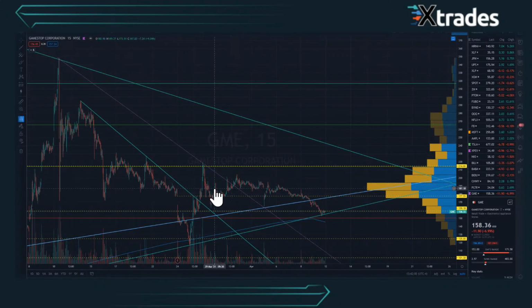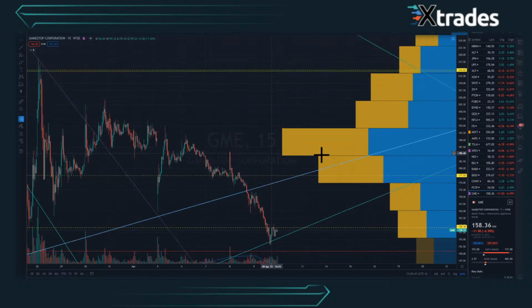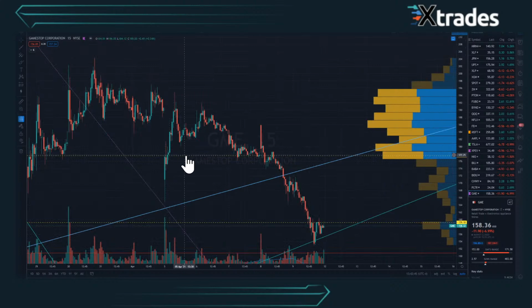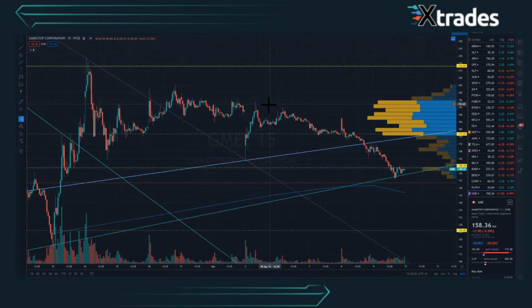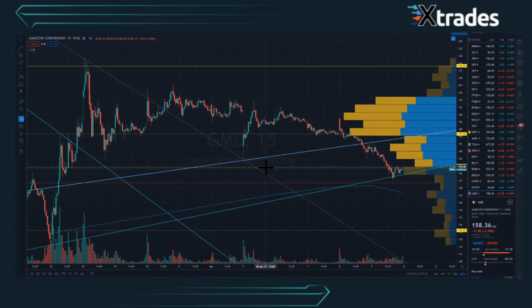He took his spread around the end of the day on GME, right? So let's zoom in real close here. Yep. So on April 5th, I think he took it around 2 o'clock. I'm assuming it was Eastern time, which makes sense. So GME was probably sitting around over here, around the 185 to 182 range.